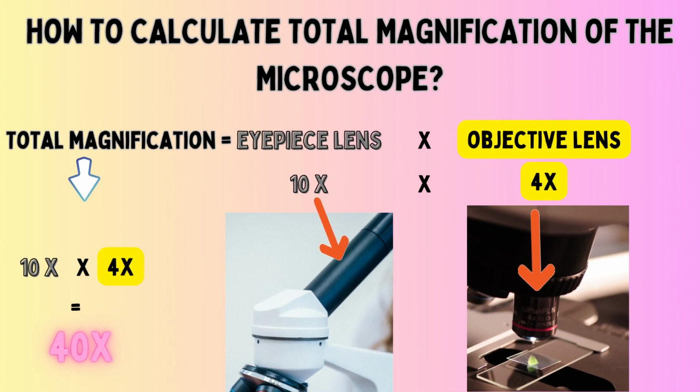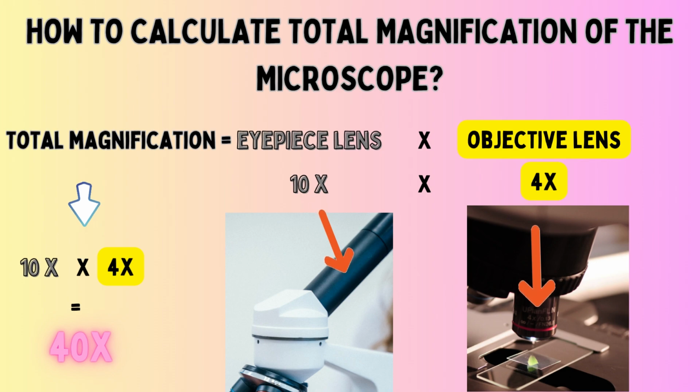How do you calculate the total magnification of the microscope? To calculate this, you need 2 main pieces of information. The first one is the eyepiece lens magnification. Like we mentioned before, the compound light microscope has 10 times. So in this example, we will use an eyepiece lens magnification of 10 times.